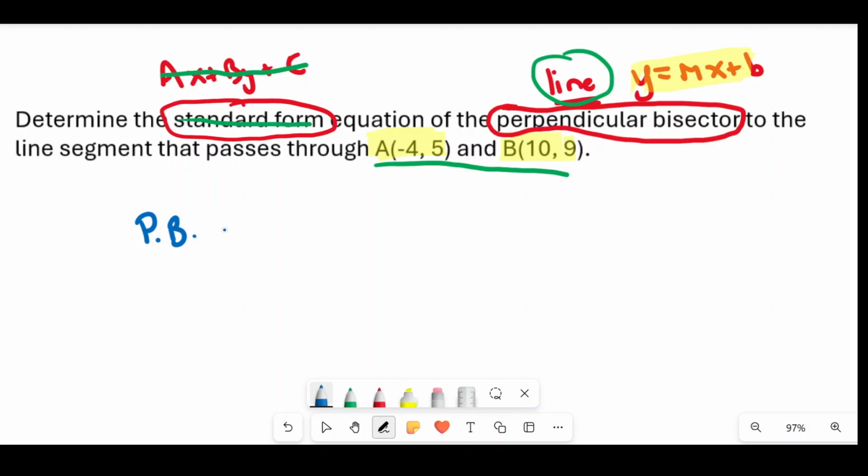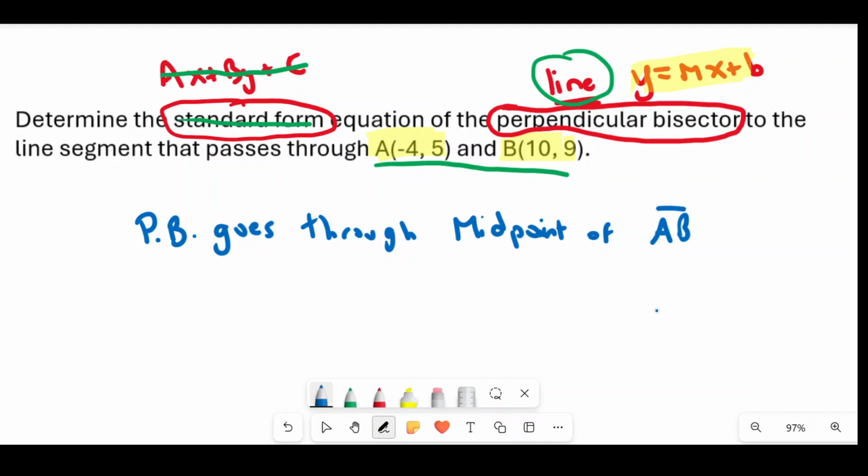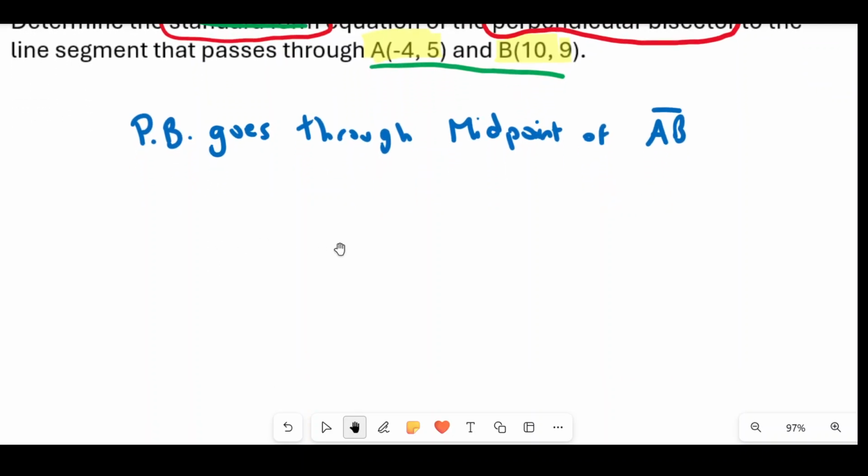The perpendicular bisector goes through the midpoint of line segment AB. So I'm going to find the midpoint of line segment AB. That makes sense because I know my perpendicular bisector goes through the midpoint.